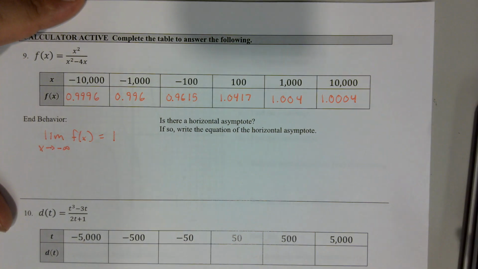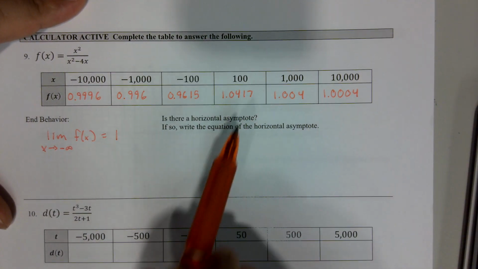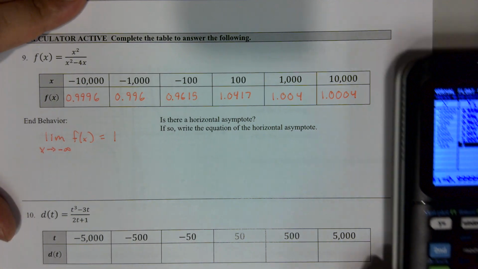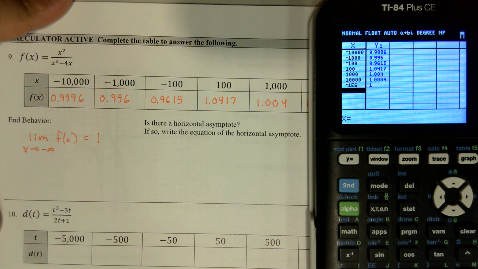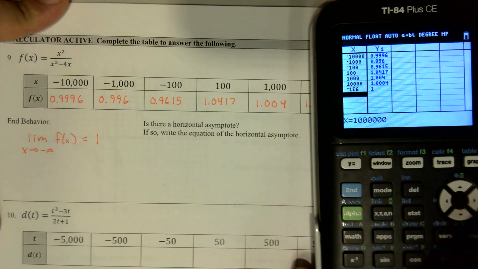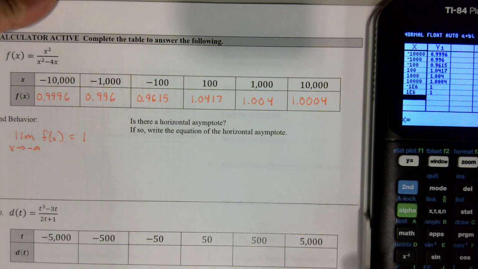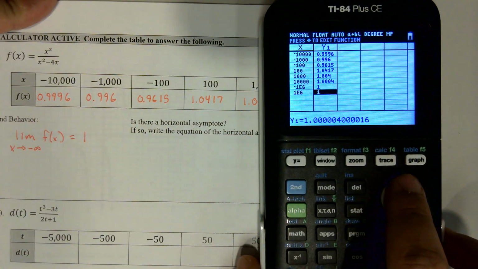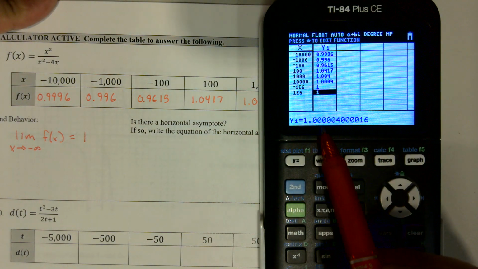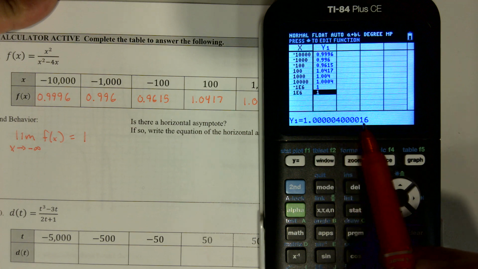And what about as we go in the positive x direction? Similar thing. What if I type in positive 1 million? So 1, 2, 3, 4, 5, 6 zeros for 1 million. And I also get a 1. If I highlight it, we have 1.00000 and then some other stuff.